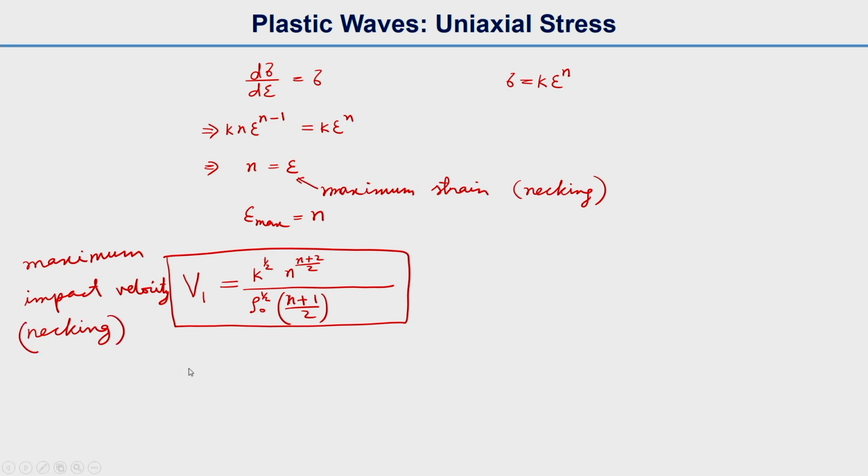You can see that this expression is without any stress and strain term, without any sigma or epsilon term. We have only these constants k, n and mass density rho naught.